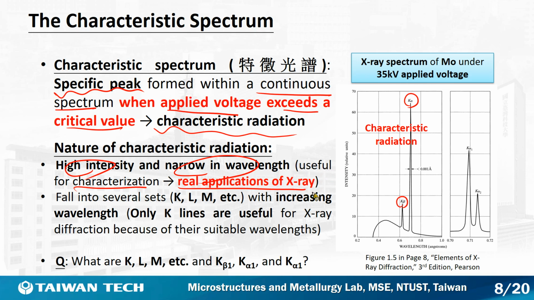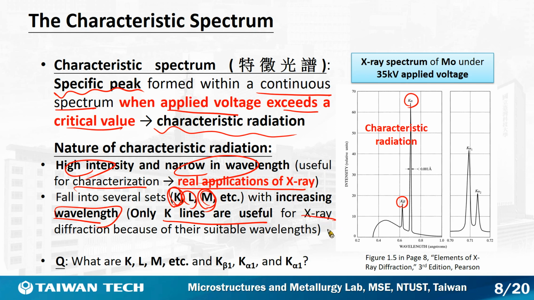And actually, it falls into several sets. For example, K, L, and M, with increasing wavelengths. But only K lines will be useful. That is because M shows a higher wavelength, while K shows a smaller wavelength.